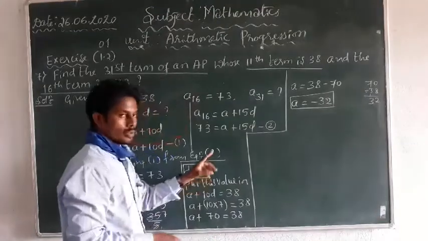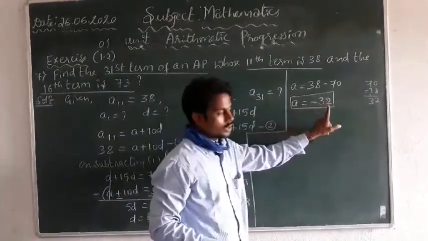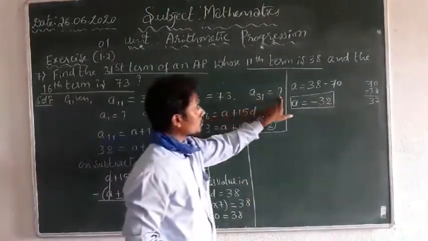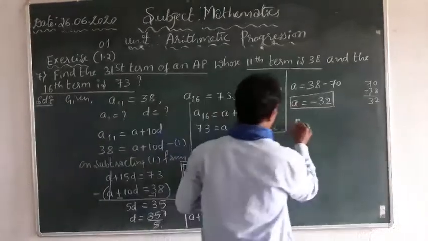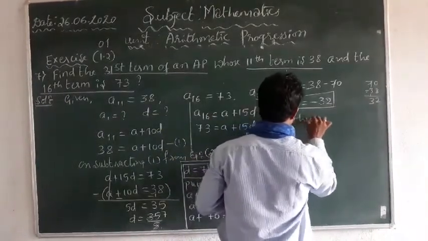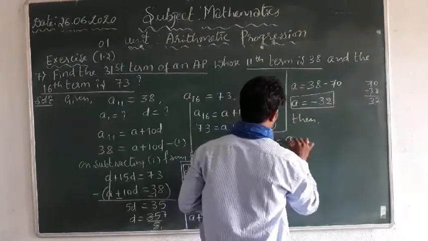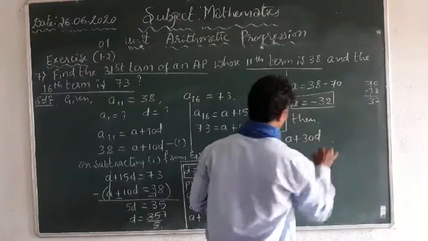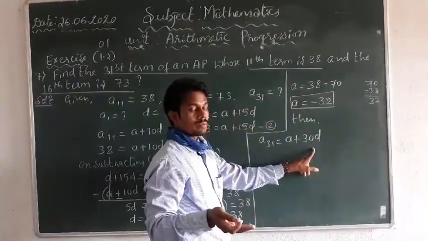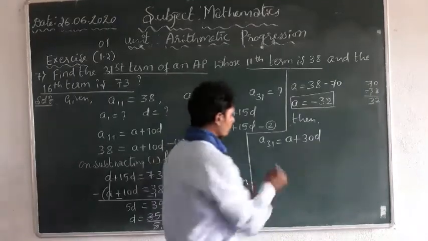See, put these two values: d is equal to 7 and a is equal to minus 32, in the 31st term, because the 31st term is the question. A31 is equal to a plus 30d. Or you can use the formula for the nth term of an arithmetic progression, a_n is equal to a plus (n minus 1) into d.